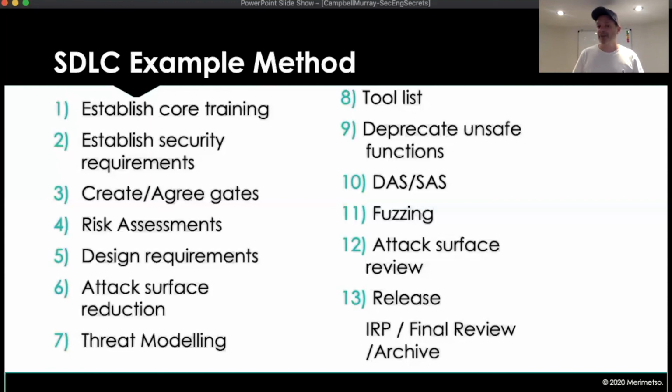The only way you can prove that is if you have a secure archive of your original code, and then you can say, that's not our code. And you can't do that if you haven't followed through with your incident response plan, the final review, and the archive.